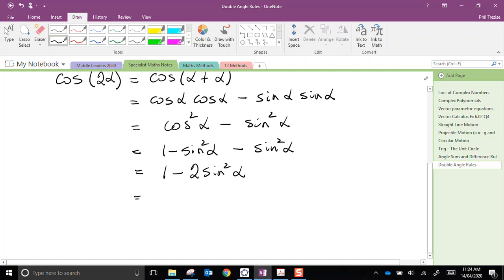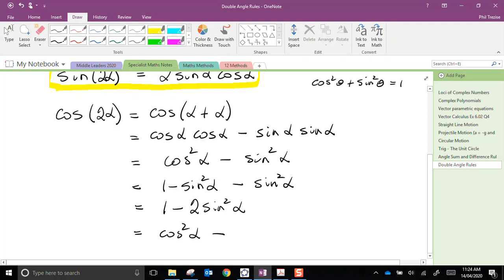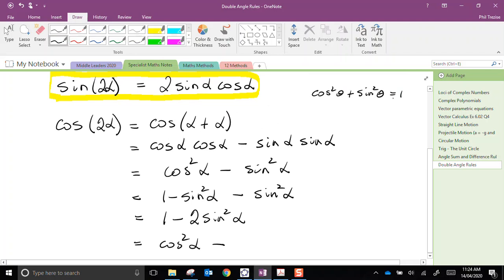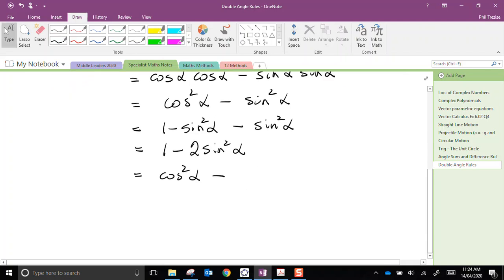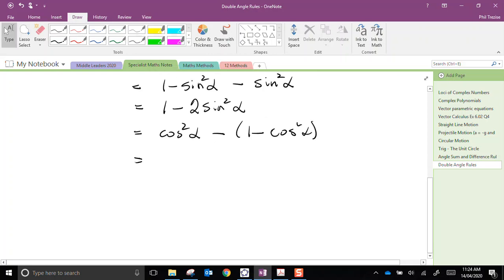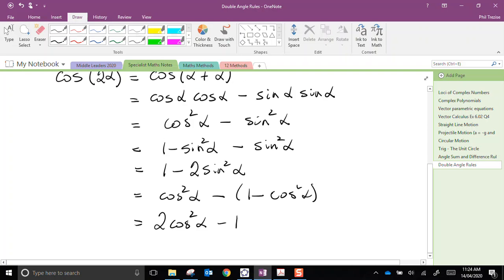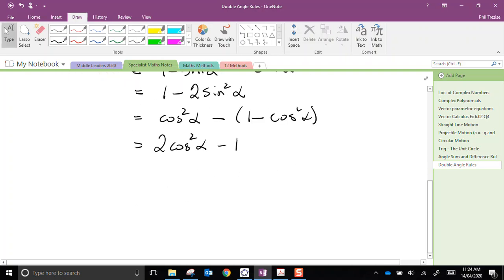Now that's nice, but that was replacing cosine squared. What if I left that one? What if I replaced sine squared? Sine squared would be 1 subtract cos squared. So I'd be subtracting 1 take cos squared. Now subtract a negative is add, so that's 2 cos squared alpha, and then subtract 1.